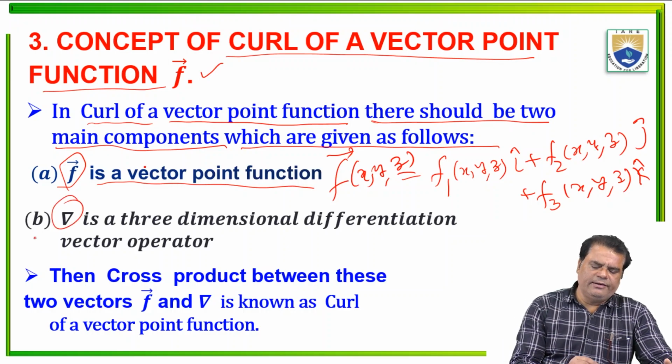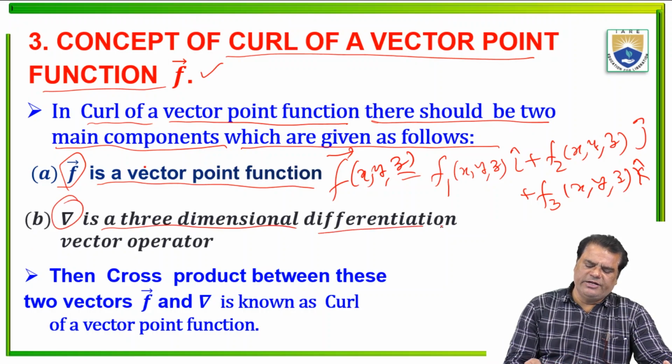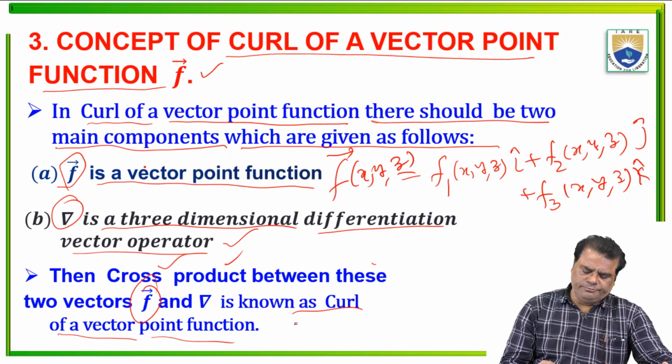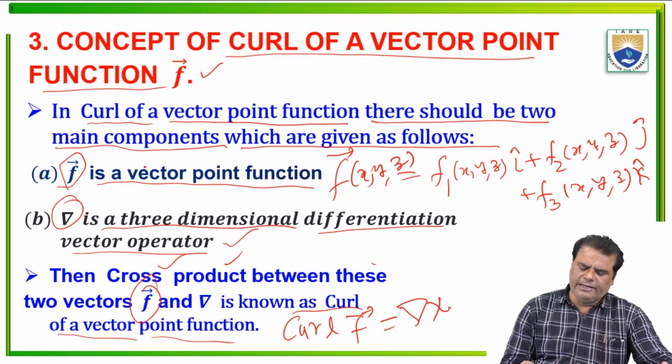And this is del. Del is a three-dimensional differentiation vector operator. Taking the cross product between these two vectors, del and f vector, is known as the curl of a vector point function. So curl f is represented by del cross vector f.